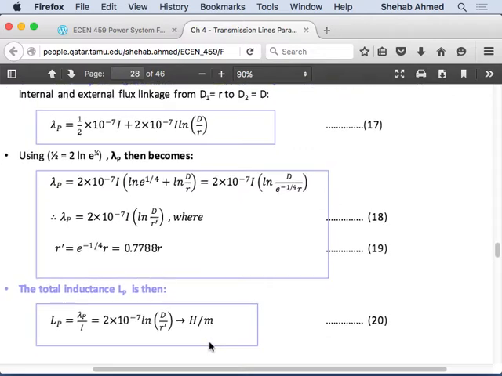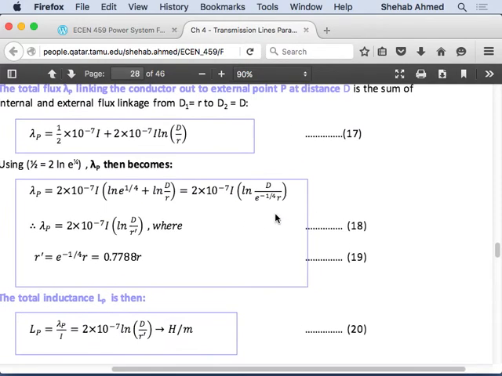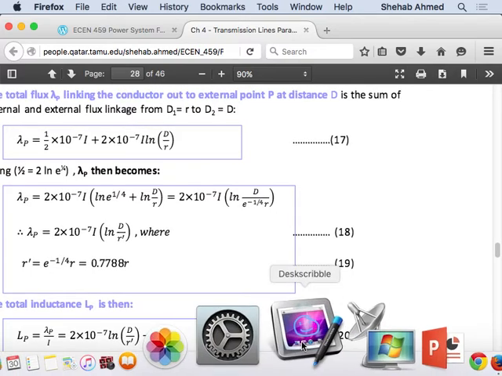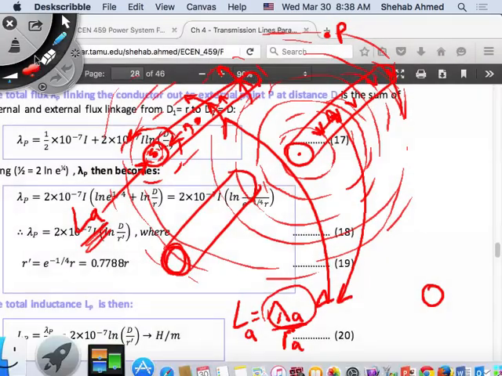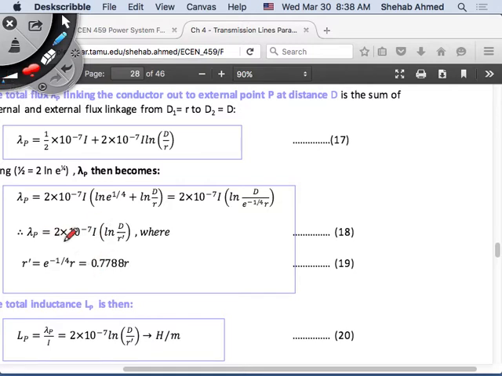Now is the case where I have multiple conductors. What's going to be the difference here? I have to still work with this equation. Let me draw. This is the one conductor, and I have the flux linking it all the way from its core to some point P in space.